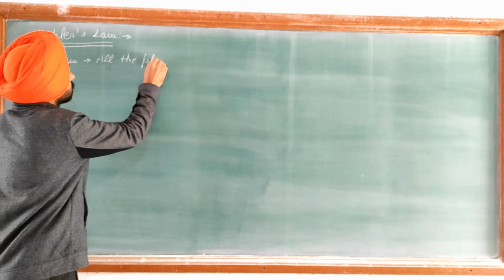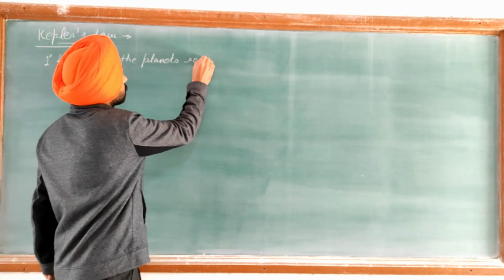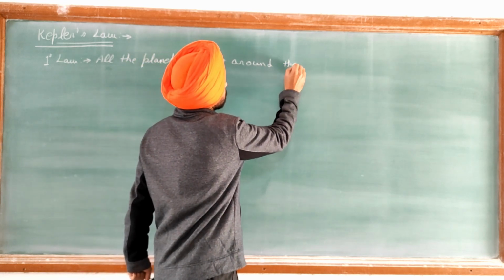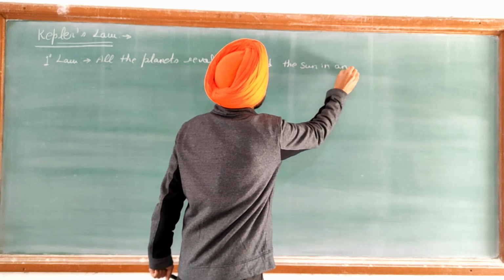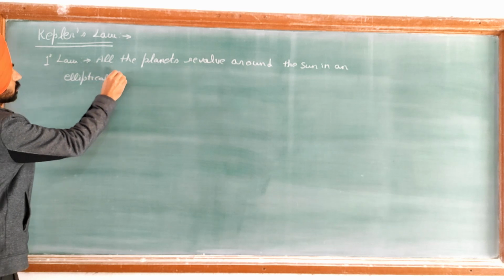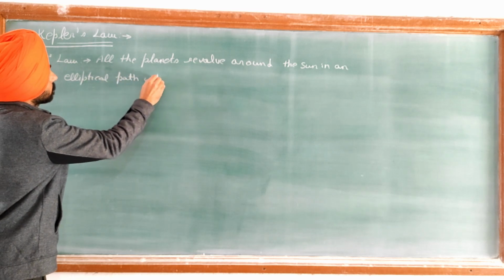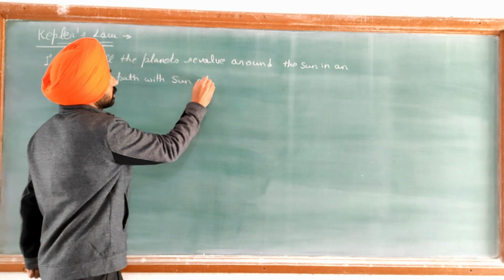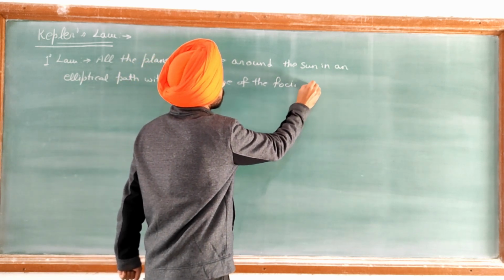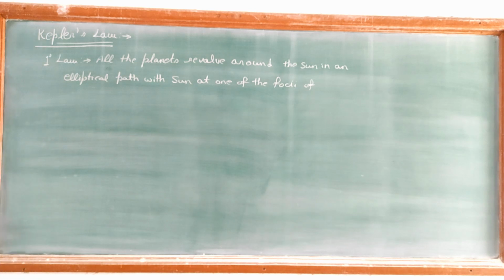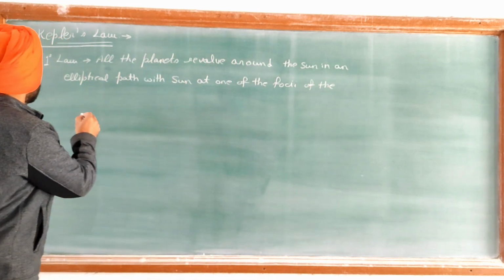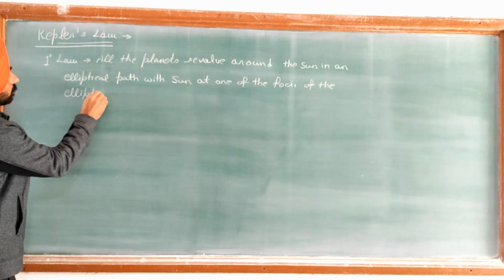All the planets revolve around the sun in an elliptical path with the sun at one of the foci of the elliptical path. We will prove it later.